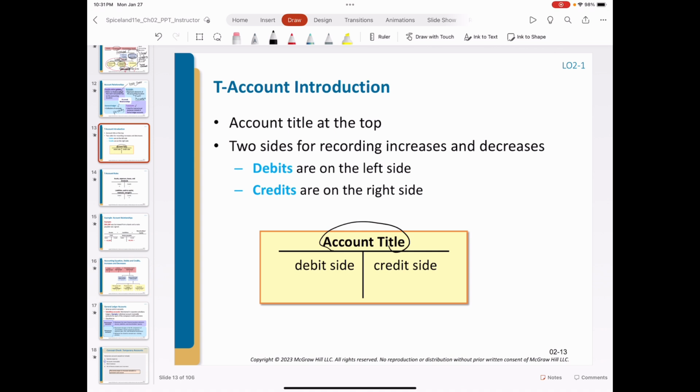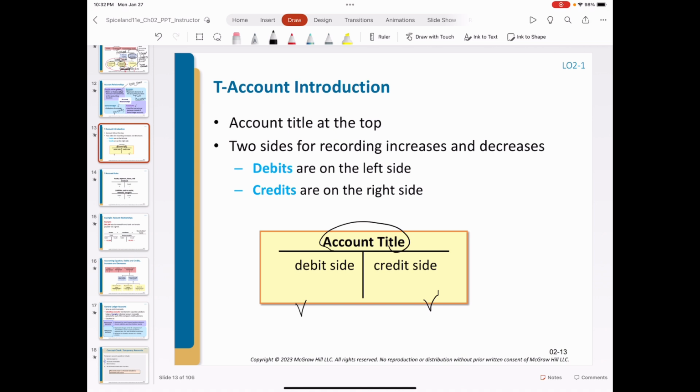On the left side is the debit side, while the other side is the credit side. If in a transaction we debit an account, the information will be posted on the left side. Similarly, for a transaction that we credit an account, we're going to put the information on the right.